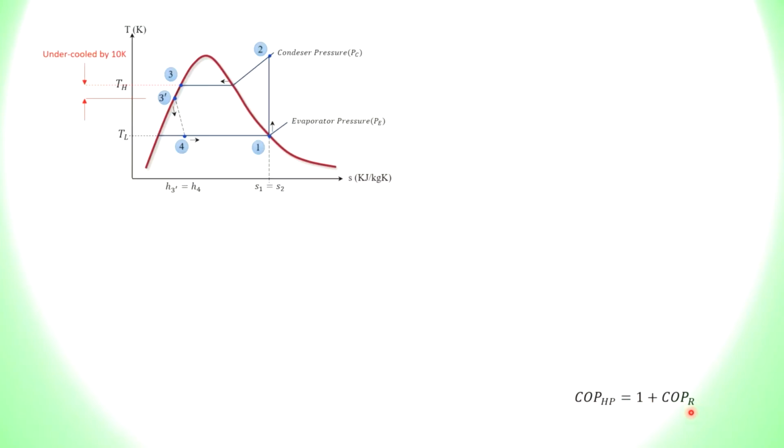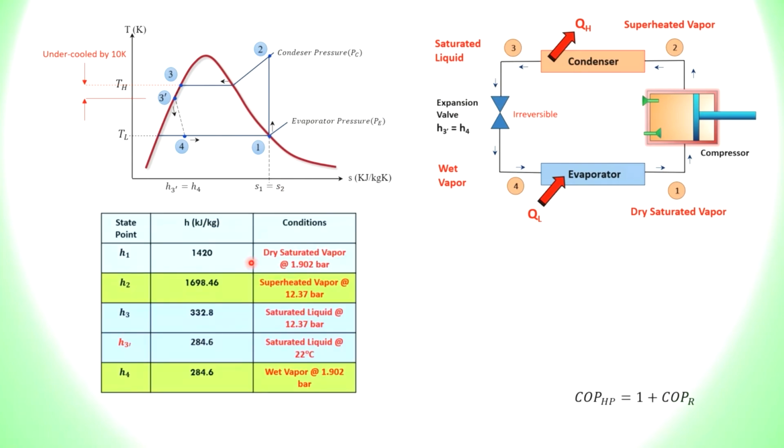This formula here I've shown just to remind us, because just now I said something wrong: COP HP is equal to 1 plus COP R. So I've listed down all the enthalpies. Some of them are from the previous section. The only new one is your H3 prime, here 284.6.